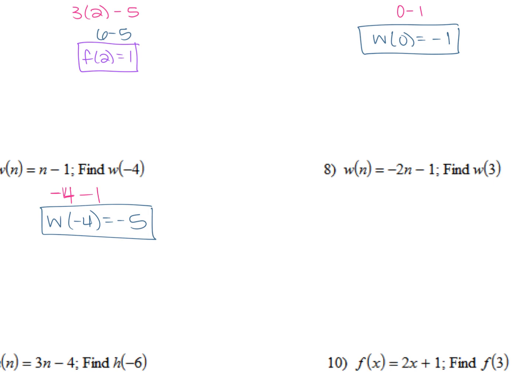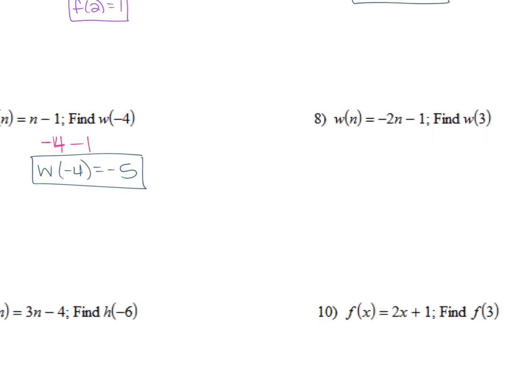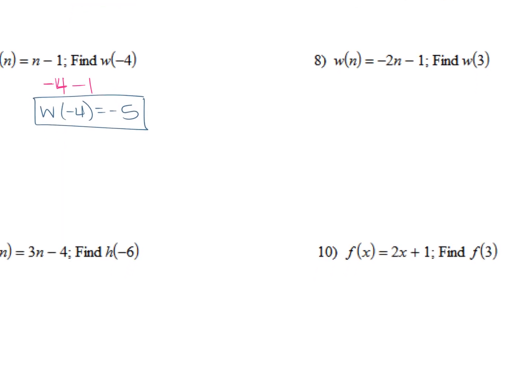For 8, we have w of n is equal to negative 2n minus 1. We're finding w of 3. So that's going to give us w of 3 is equal to negative 2 times 3 minus 1. So that's negative 6 minus 1, which means w of 3 is negative 7.